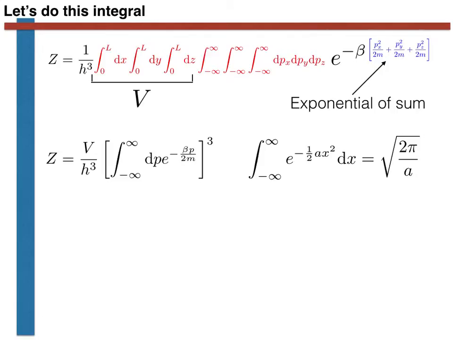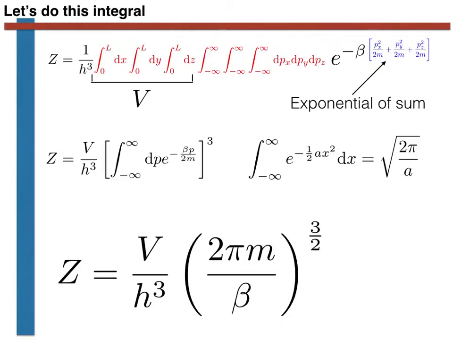Once we recognise that a, in our case, is just 1 over 2mβ, we can quickly work out that the value of the integral shown is just the square root of 2πm over β. When this is cubed and multiplied by V over h cubed, we thus find that the canonical partition function for a system containing one gas atom in a box with volume V is given by the expression shown at the bottom of this slide.